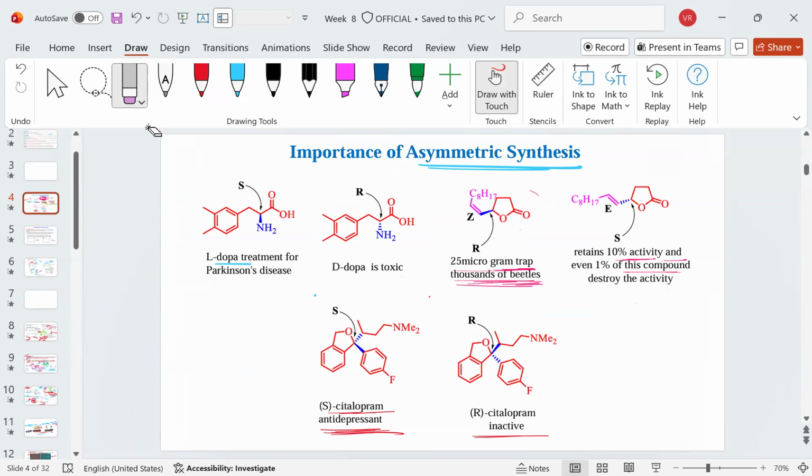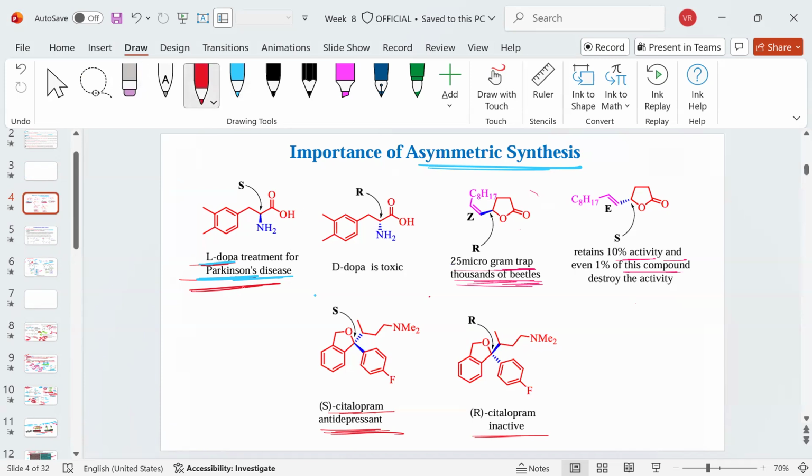First of all, if you just compare the first example of dopamine, this L-dopamine and the D-dopamine, the difference is only the stereochemistry of this amine functional group, right? Only with this difference, this L-dopamine cures Parkinson's disease in humans. However, this D-dopamine is toxic to our body.